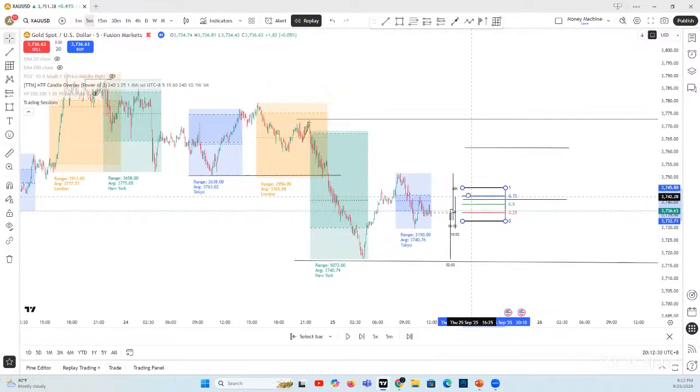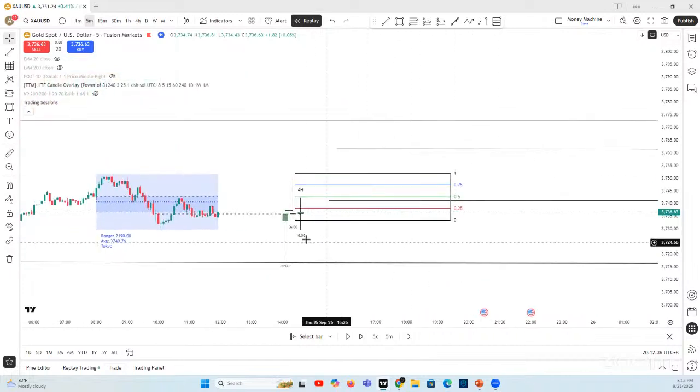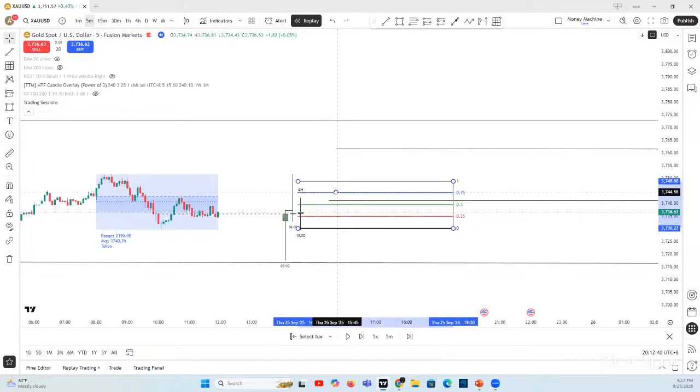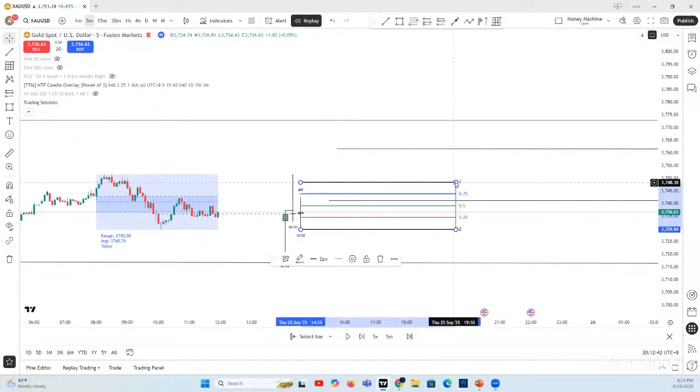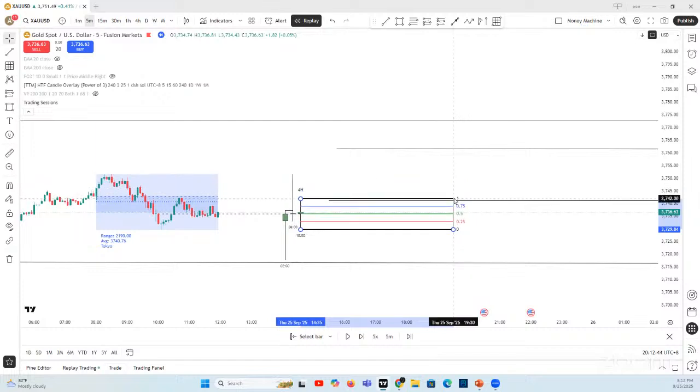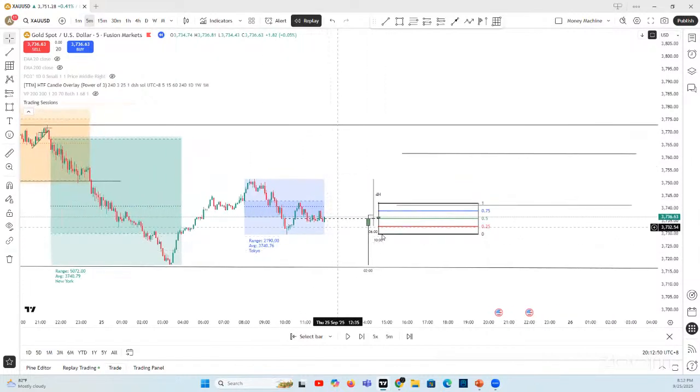Okay, where is that? This is the 2. So the 10 to 2, right? This is the 10 to 2. Okay, you will have your gun box there. Okay, let's play this out.